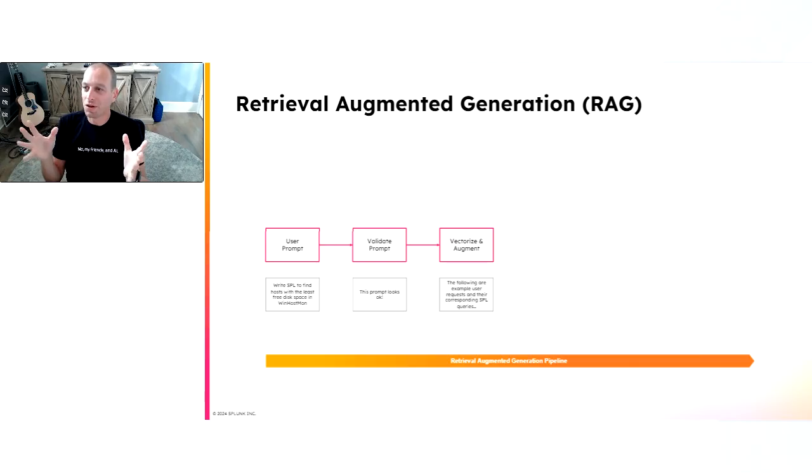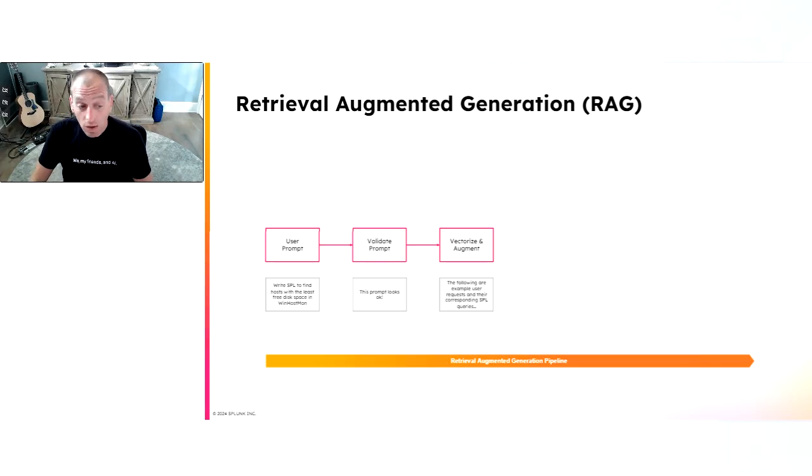Think about the corpus of data we have access to at Splunk. Think about all the searches that get run out of Splunk Cloud on a regular basis. Think about all the development we've done on enterprise security content updates, Splunk Security Essentials, and the apps we've created on Splunk Base. We've taken that entire knowledge base and extracted tens of thousands of SPL queries and corresponding descriptions of what they're doing.